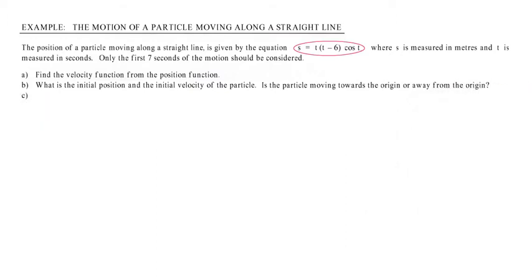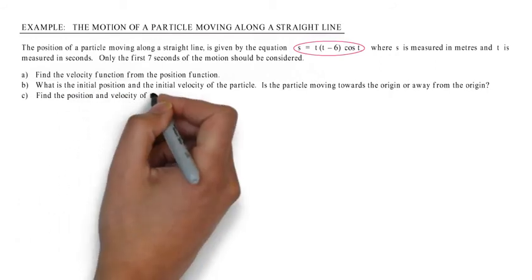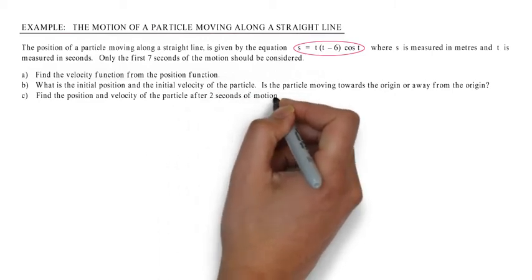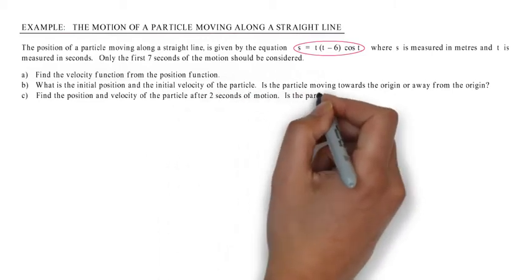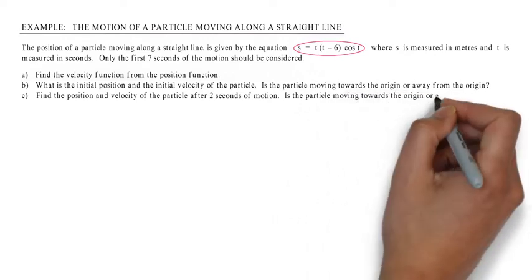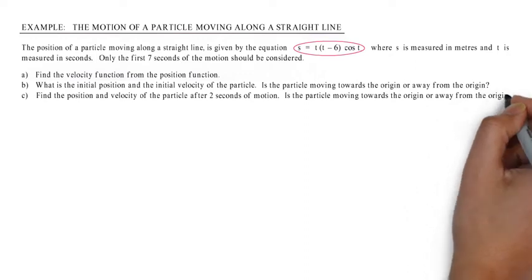C. Find the position and velocity of the particle after 2 seconds of motion. Is the particle moving towards the origin or away from the origin?